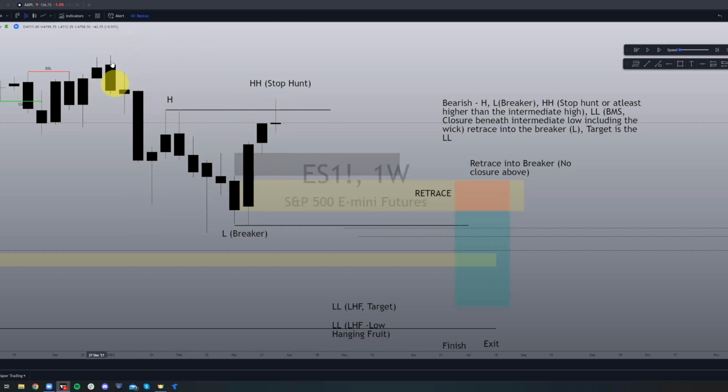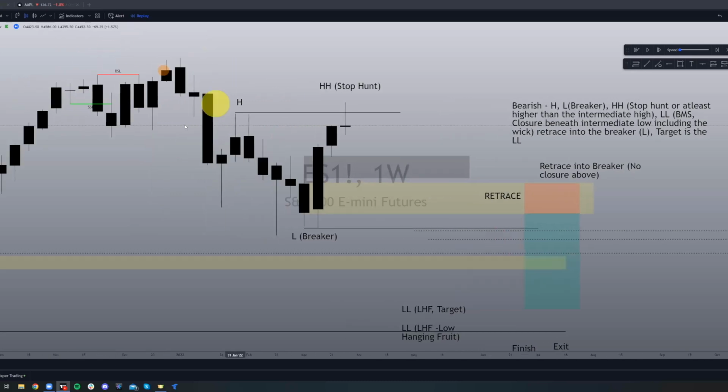I mean, is there a gap? Is there equal highs, etc. up here? No. Also, what did the market do before it went down? Well, it closed below this swing low.